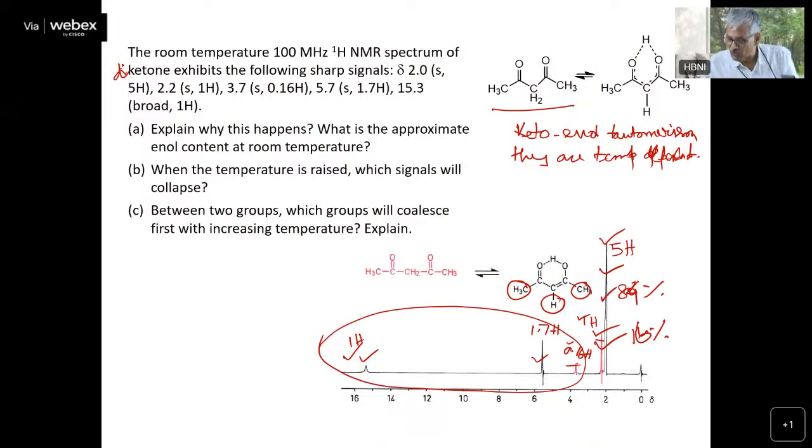So this will have 16% contribution, whereas these will have a contribution of 84%. This and this combined will be 84%, whereas this will be 16%. So you can find out.